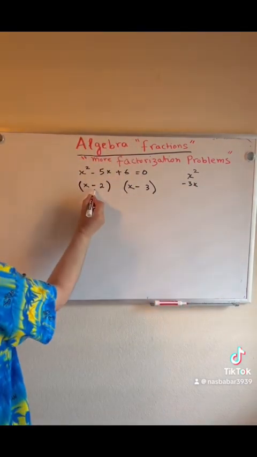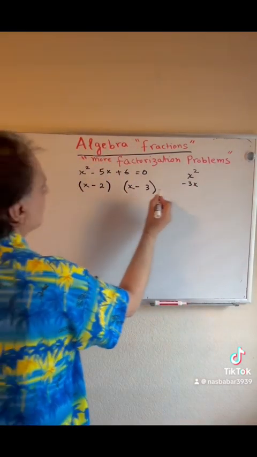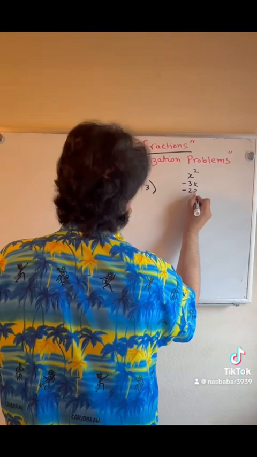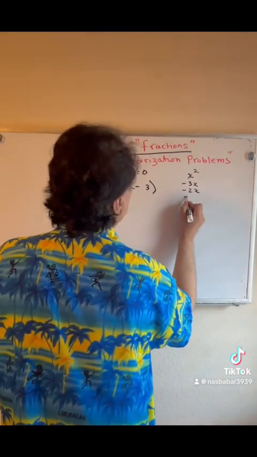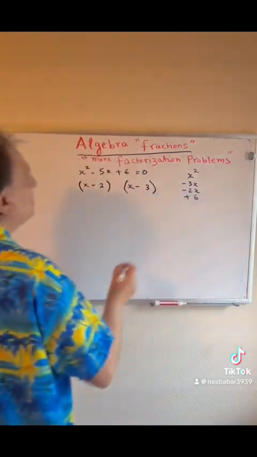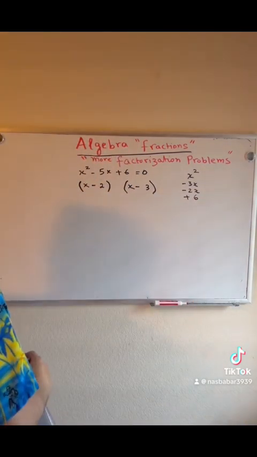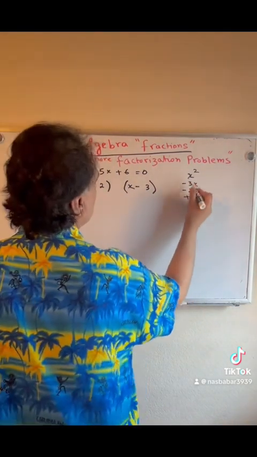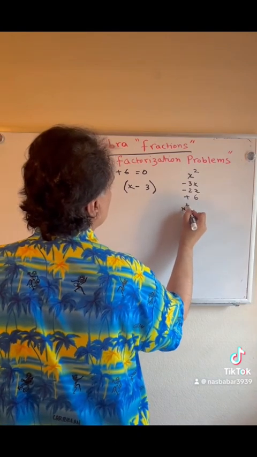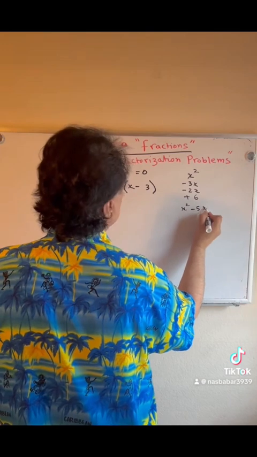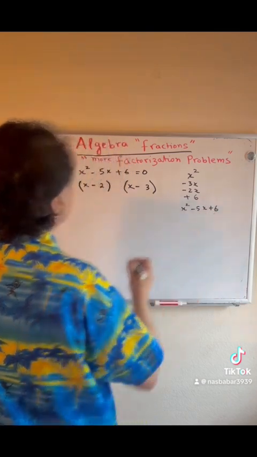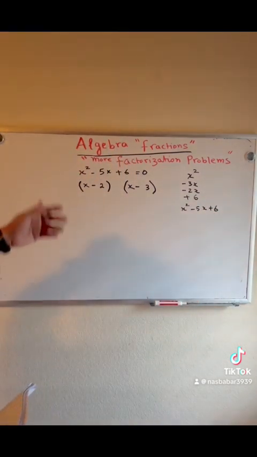Minus 2 by x gives minus 2x. Minus 2 by minus 3 gives plus 6. So does that check out? x squared, minus 3 plus minus 2 is minus 5x, and then plus 6.